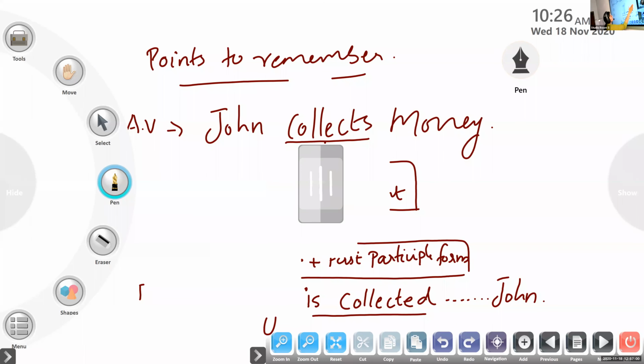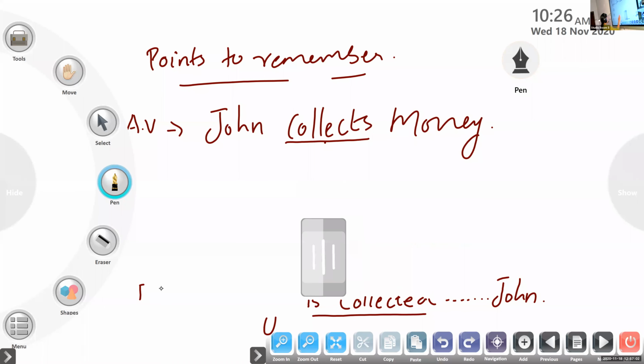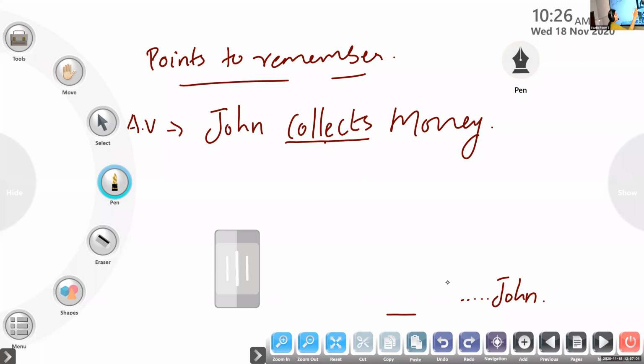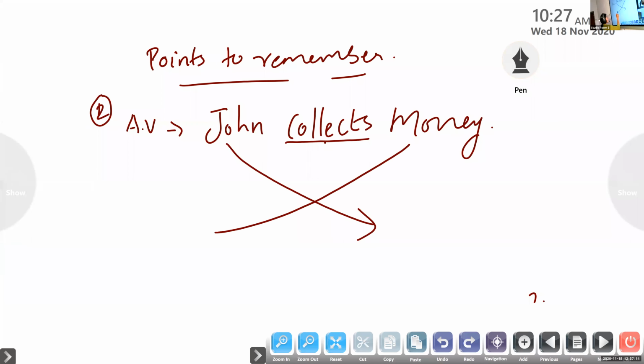Okay. Write the same sentence, all of you. Draw again. Point 3. Heading passive voice.